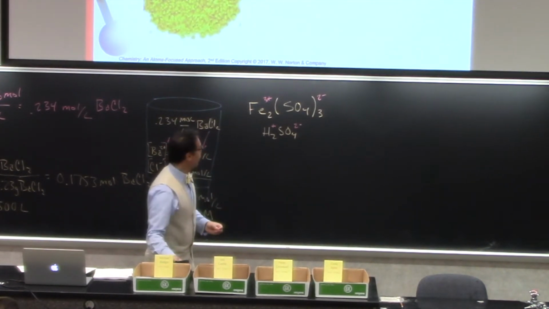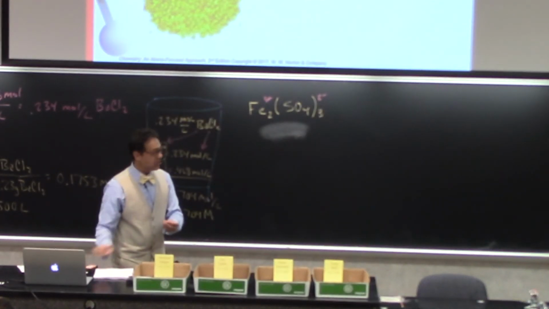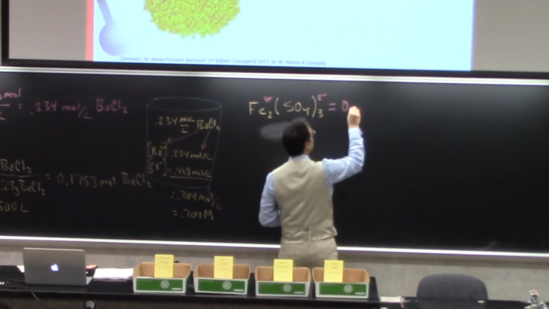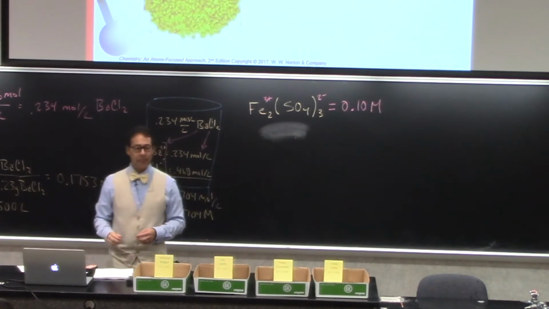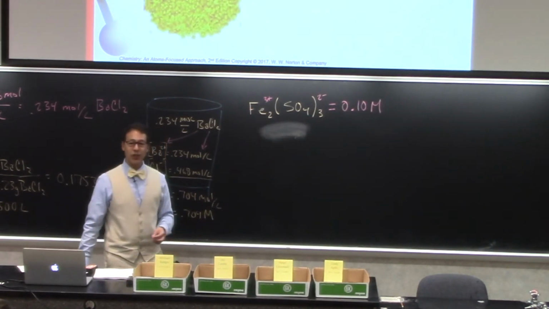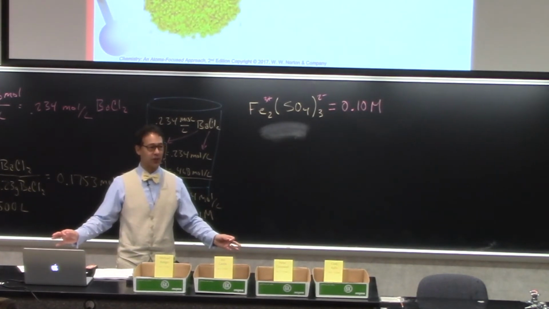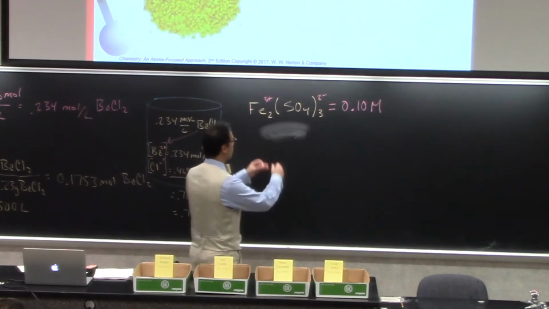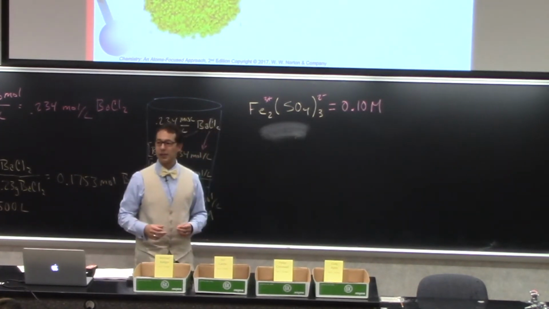So now with this, here's our formula, and it tells us that the concentration is equal to 0.10 molar. That's our concentration of all of that. But it asks us what's the total concentration of the ions. So when this gets into water and dissolves, how many ions do we have in the water?